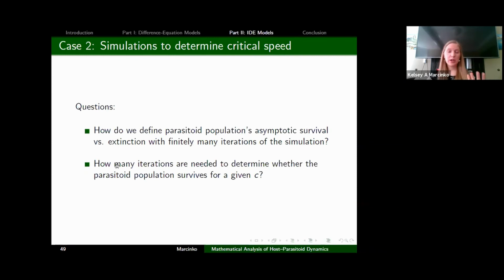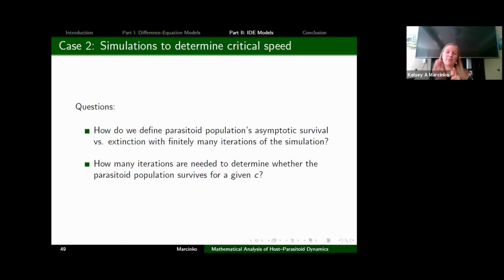So if we first take a look at using simulations to determine the critical speed, the main question here is based on the need to distinguish between cases where if you're near the critical speed but just below, you'll see that the parasitoid population will get much smaller, but it might persist at a very tiny value asymptotically.